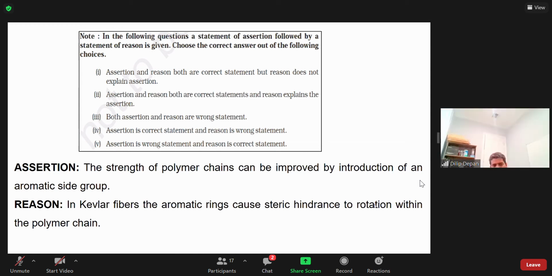So the assertion statement is that the strength of a polymer chain can be improved by introduction of an aromatic side group. Now you are actually applying your knowledge from your previous chapter. You need to apply some knowledge you acquired in polymers, and you are using that knowledge in this chapter.